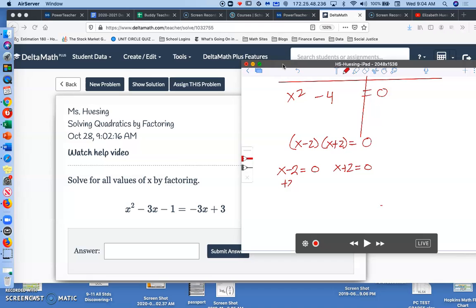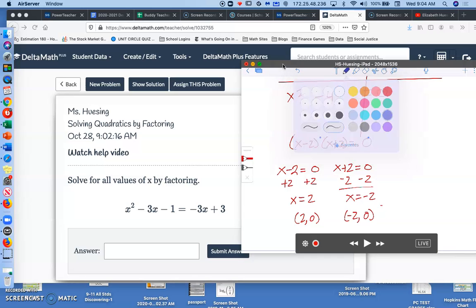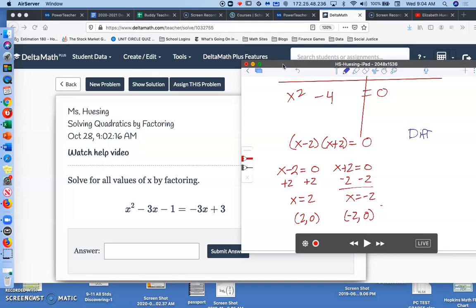And then if we solve these, plus 2, so x equals 2, minus 2, minus 2, so x equals negative 2. So we know if we were to graph this, this is the coordinate 2, 0, this is the coordinate negative 2, 0.